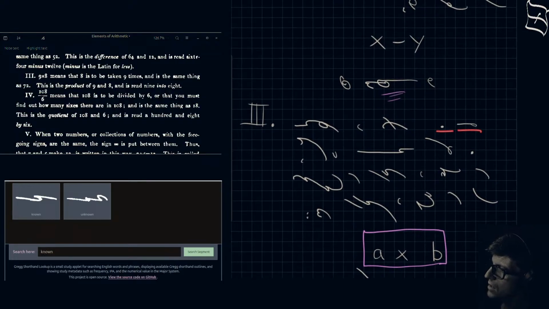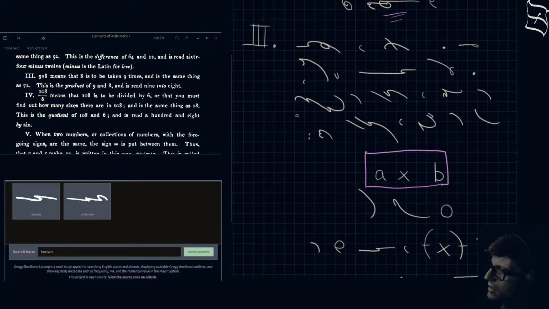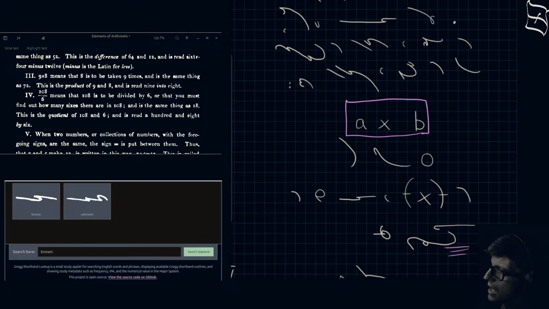When a quantity is taken a certain number of times, the result is called the product, and the operation is denoted thus: x or a into b, and that's a into b.